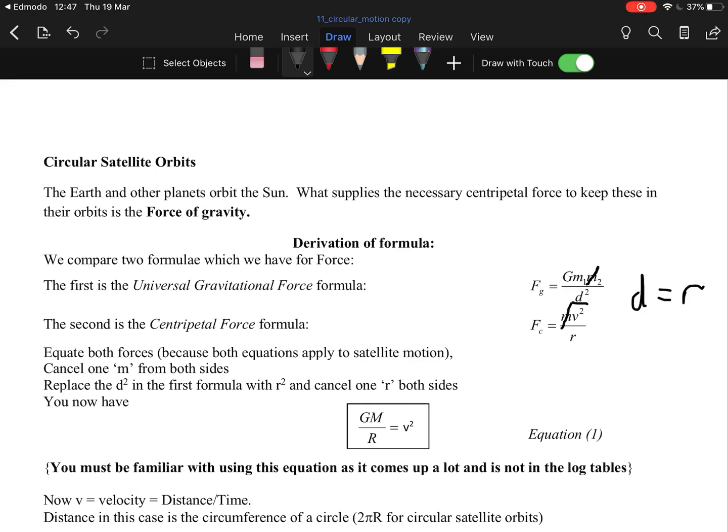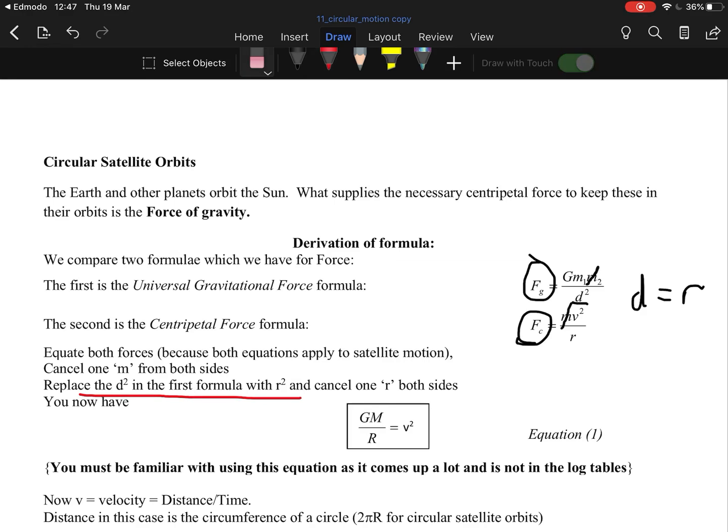So the distance and the radius are the same thing, because force of gravity basically says from the center of the planet out to the object, and centripetal force is the radius, which is center of the planet out to the object. So the two of them are the same thing. So that's what I'm saying down here, where we replace d squared with r squared.